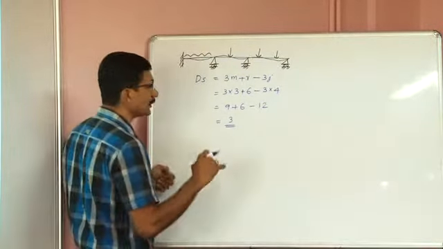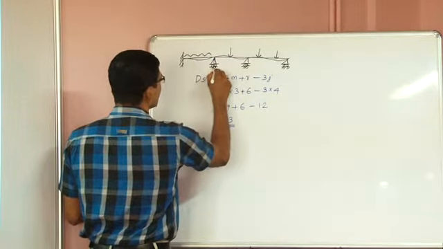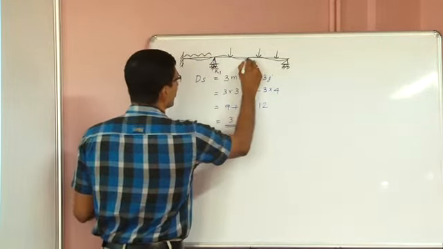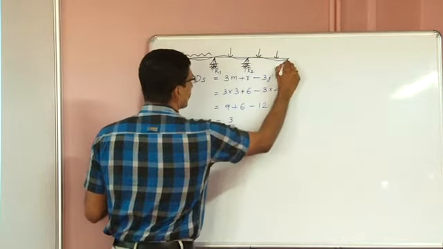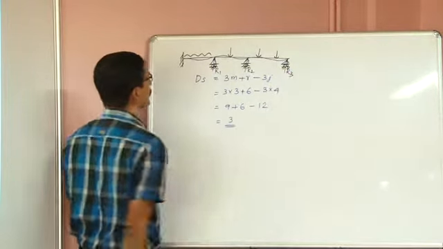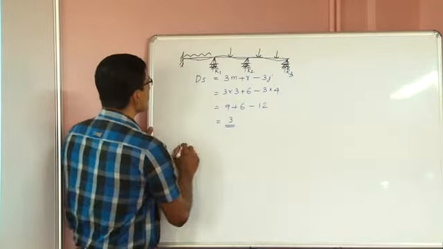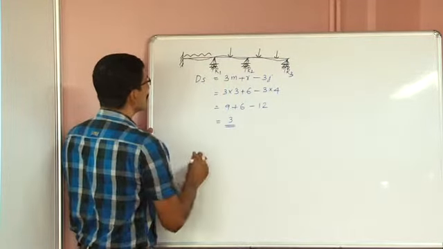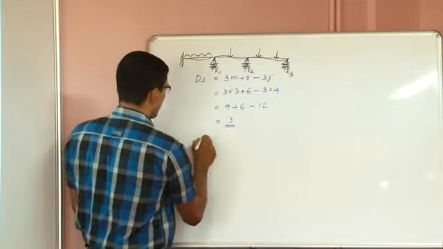Well, if you illustrate further, let us say the reaction here is R1, this is R2, and this is R3. The displacement at this joint, when you remove all these 3 reactions, is say delta 1.